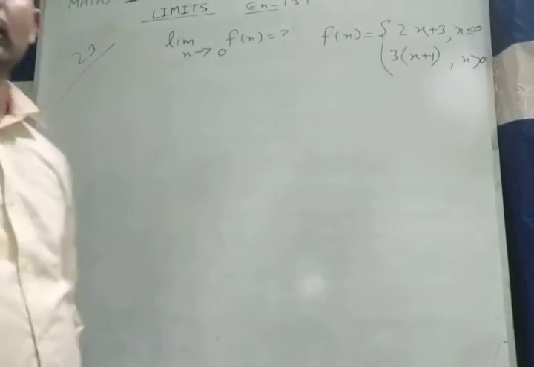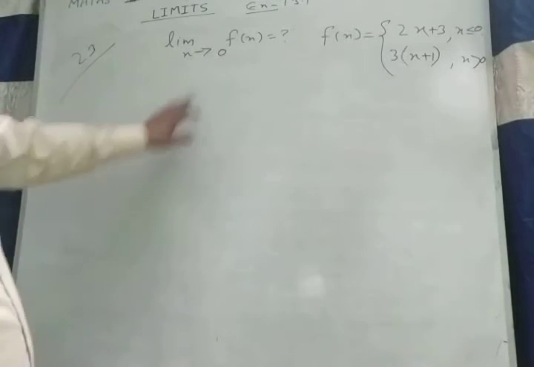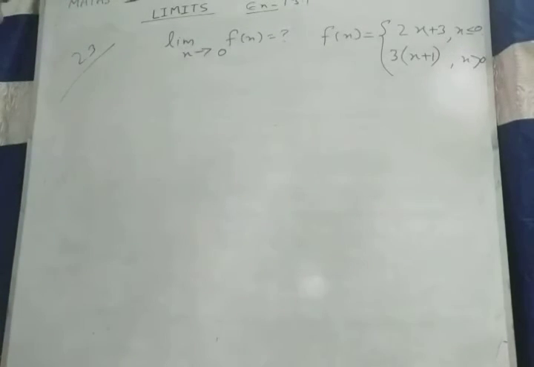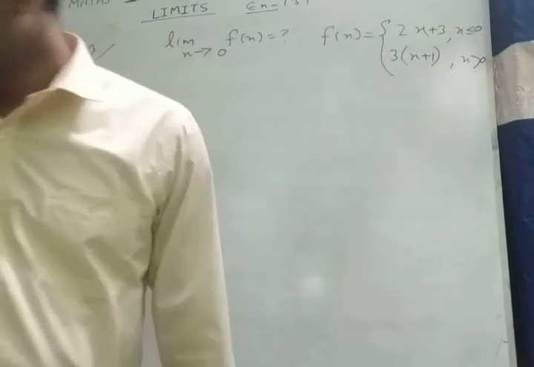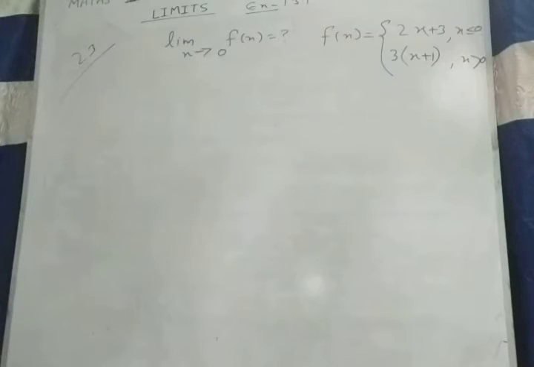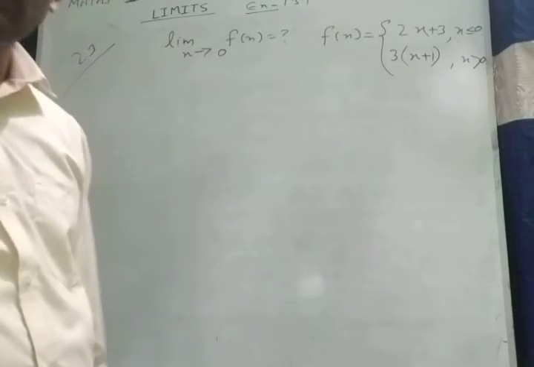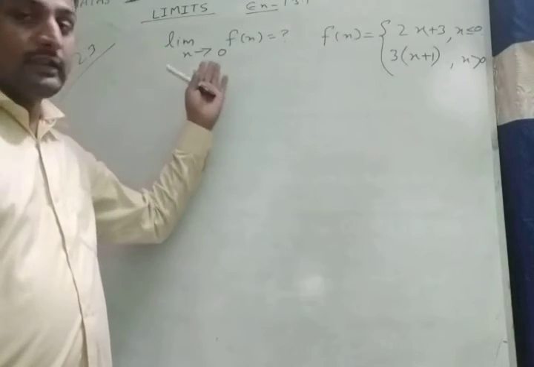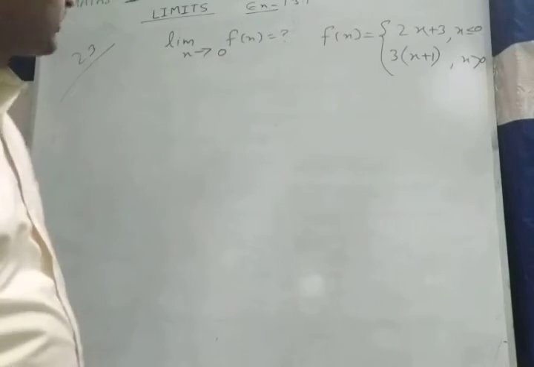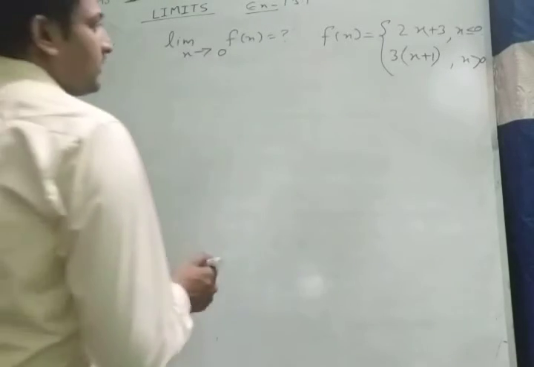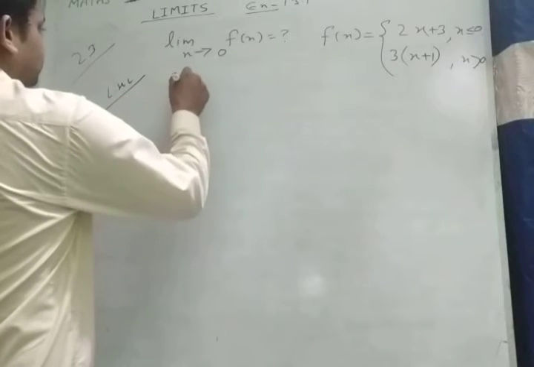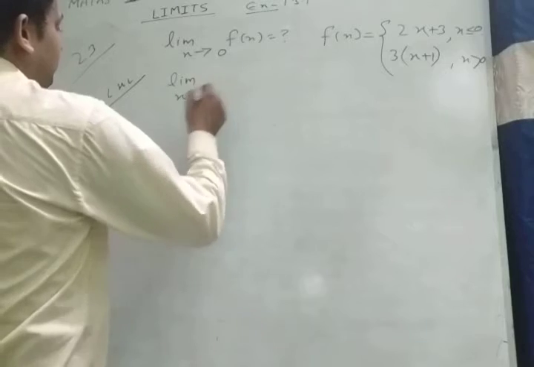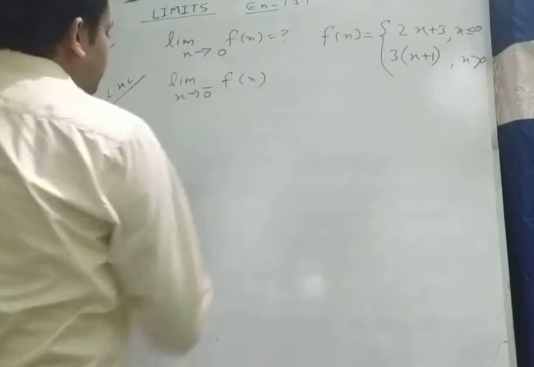Okay, now we have to find the limit of this. So first we will find the left hand limit, then right hand limit. If the left hand limit and right hand limit will be equal, then we will say that the limit exists. So the value of limit x tends to 0 f(x) will be okay. So first take left hand limit, x tends to 0 minus f(x).